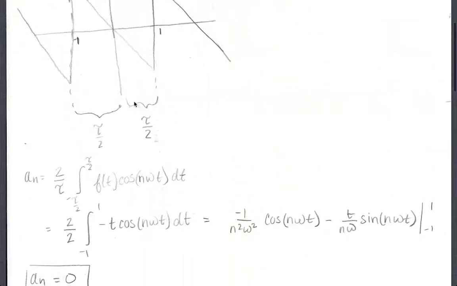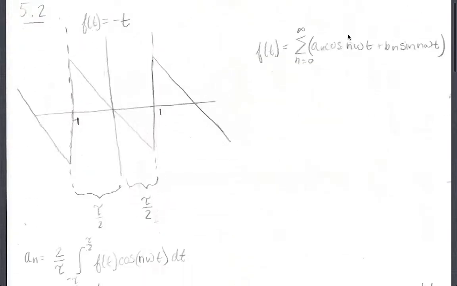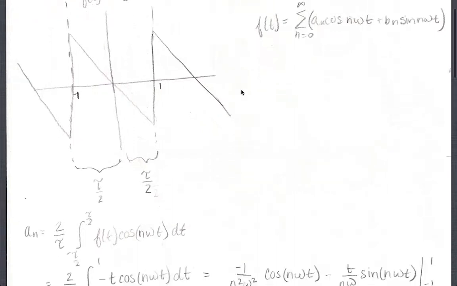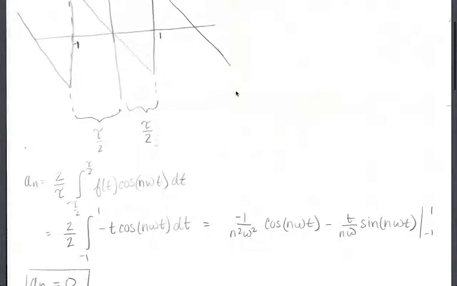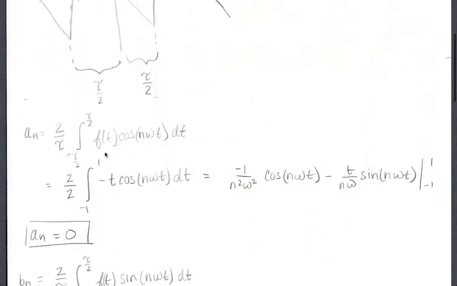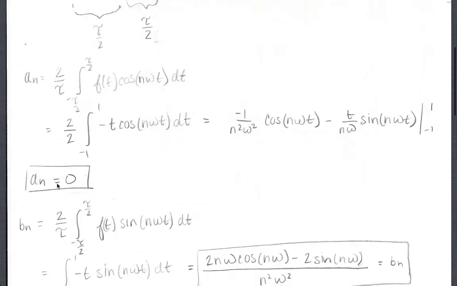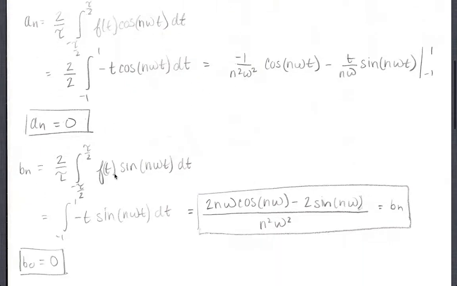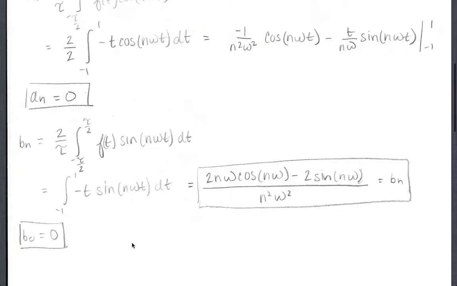So to find an for this equation right here, to solve for f of t and make this wave. So an is this equation. I plugged my f of t in and my bounds, and I get that an is equal to 0. And I did the same for bn with this equation, and I got this mess for bn.